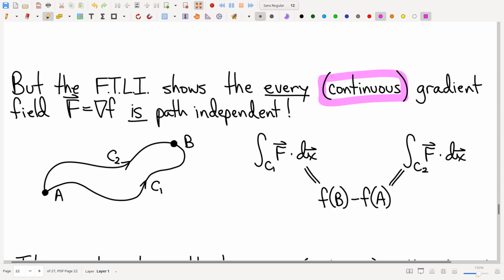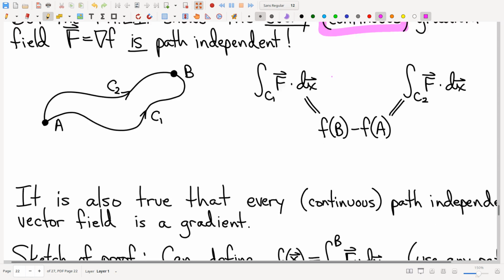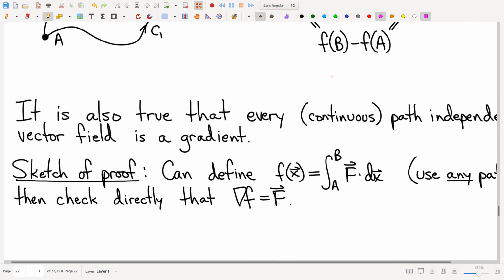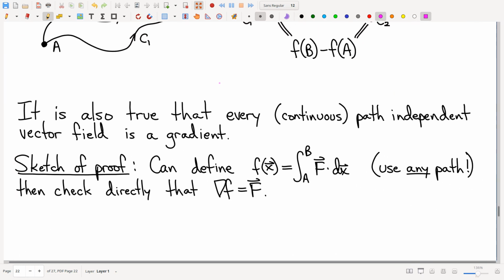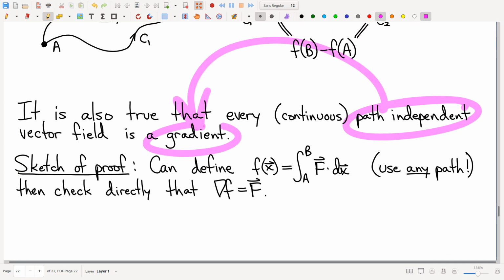So we're going to assume no singularities, no discontinuities. Everything is just nice, and things are going to go through much better that way. Okay. Now, every gradient is path independent. Harder to show, but also true: every path independent vector field is also a gradient. Again, with the understanding that we're on continuous fields only. And you don't need to worry about the proof.